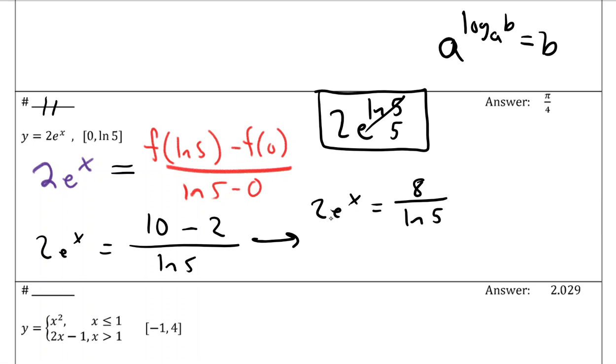So what's one thing that we could do to solve this for x? How do you get rid of this times 2? Divide by 2.